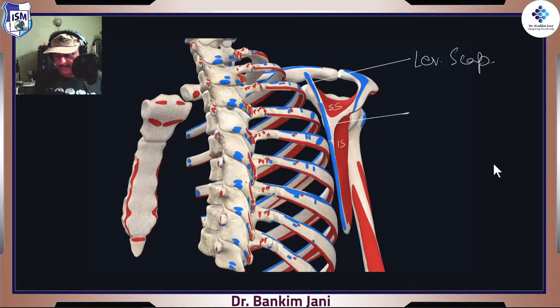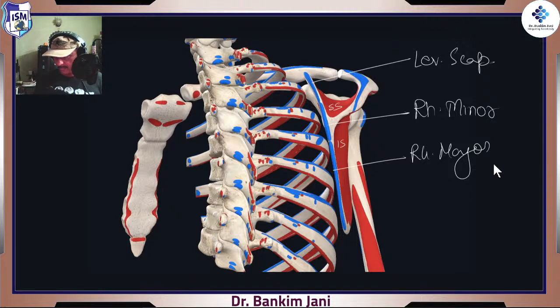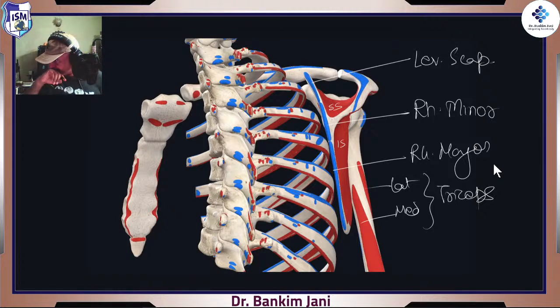Then just underneath is rhomboidus minor, and that's rhomb major. Correct? Rhomboidus major. And see, on the humerus, this is where lateral and the medial head of triceps. Good. Right.